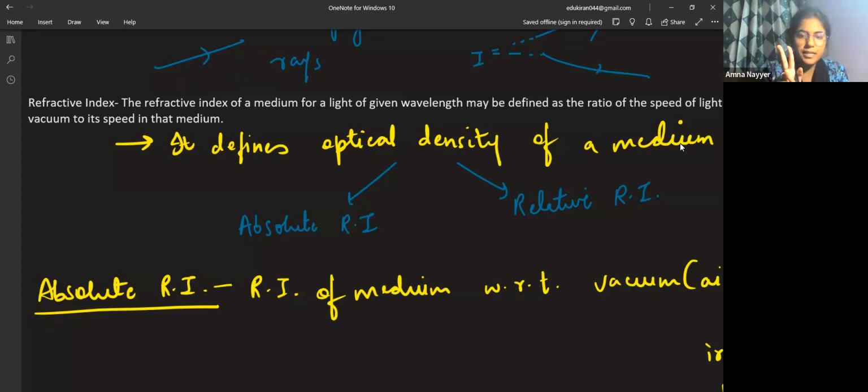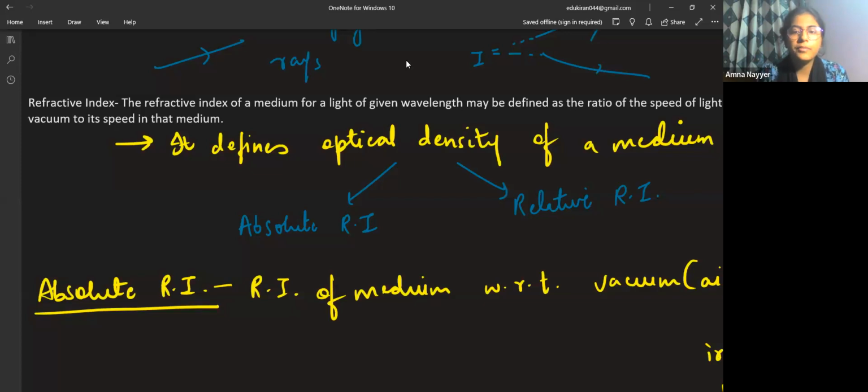Fine, two media are present. This is clear. Two things are taken. Either speed you take or you take the wavelength.